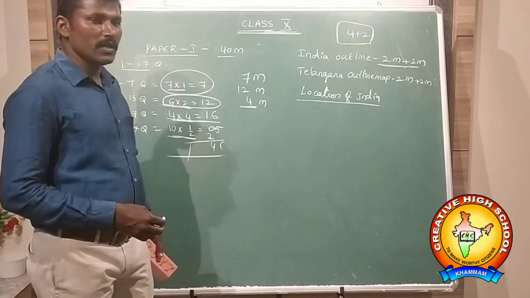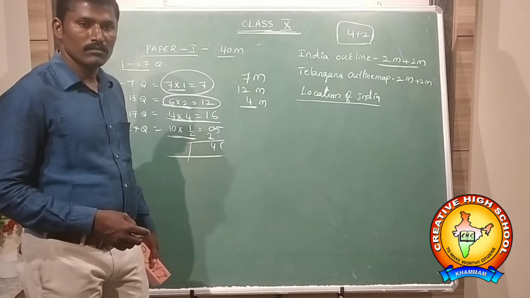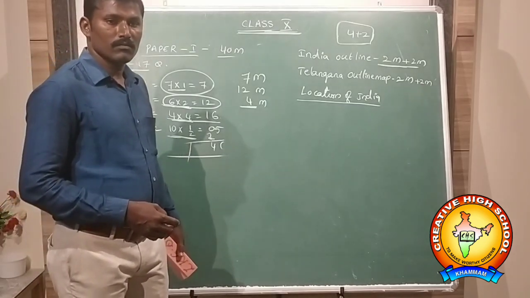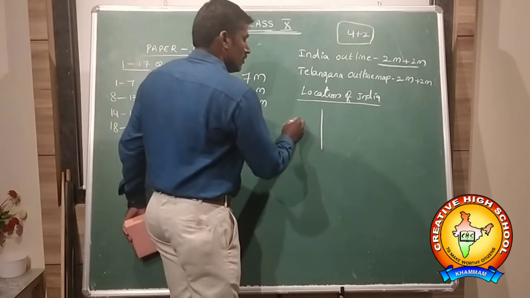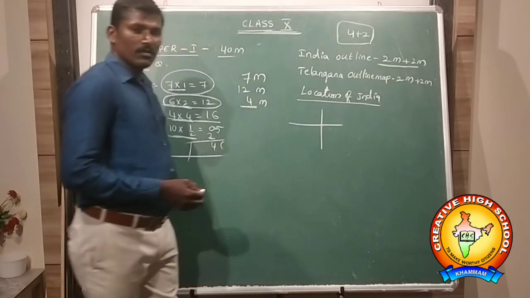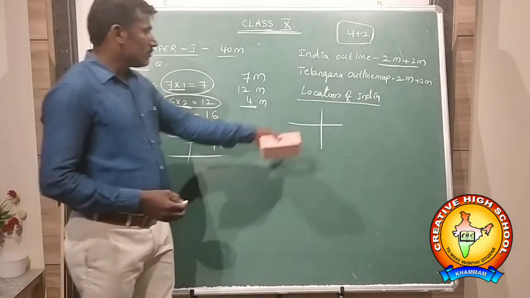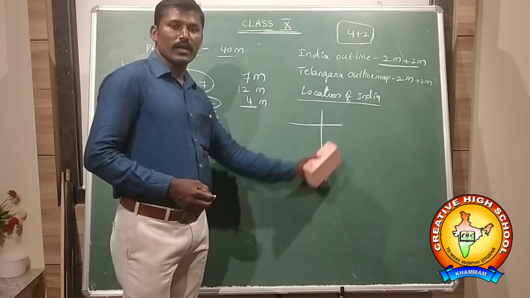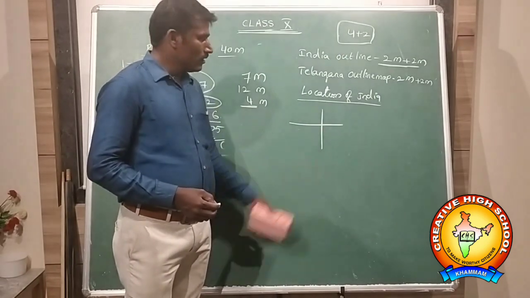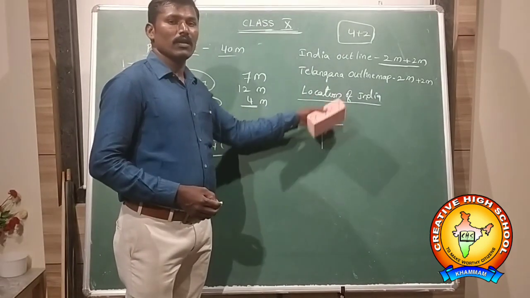The distance of India from north to south and west to east. If you write the distance of India from north to south or west to east, you will get 1 mark. Here 1 and here 1, you will get the 2 marks.